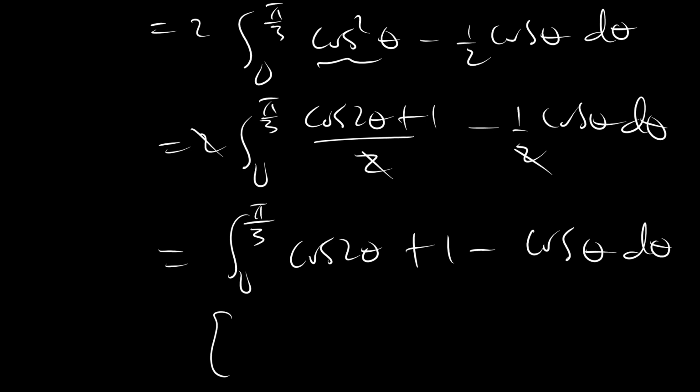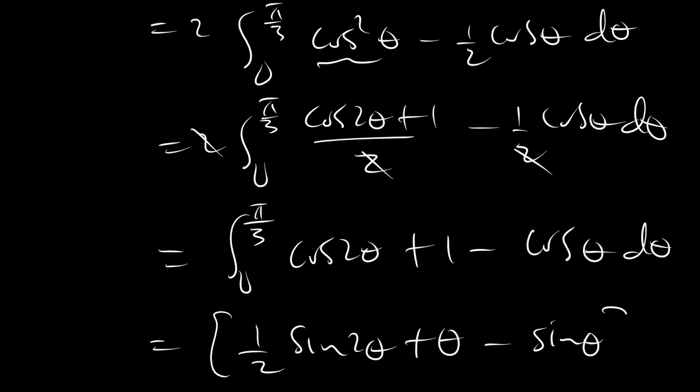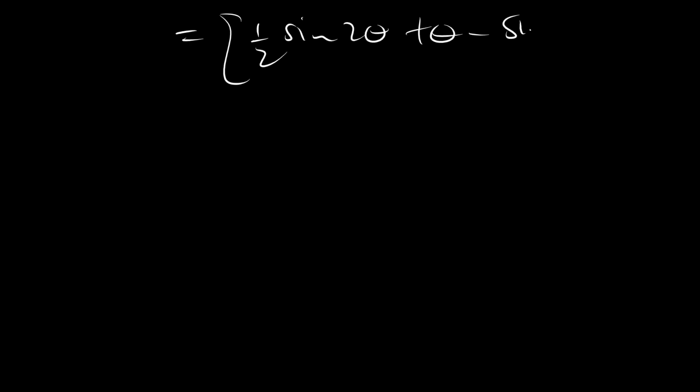And so we have a half sine 2 theta plus theta minus sine theta, from 0 to pi over 3.